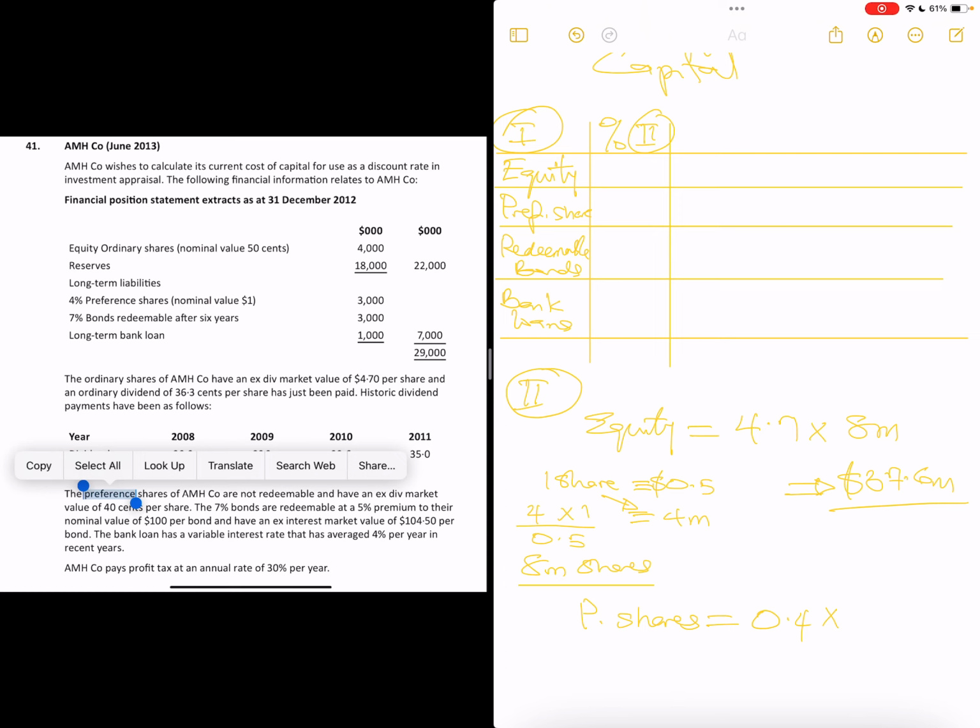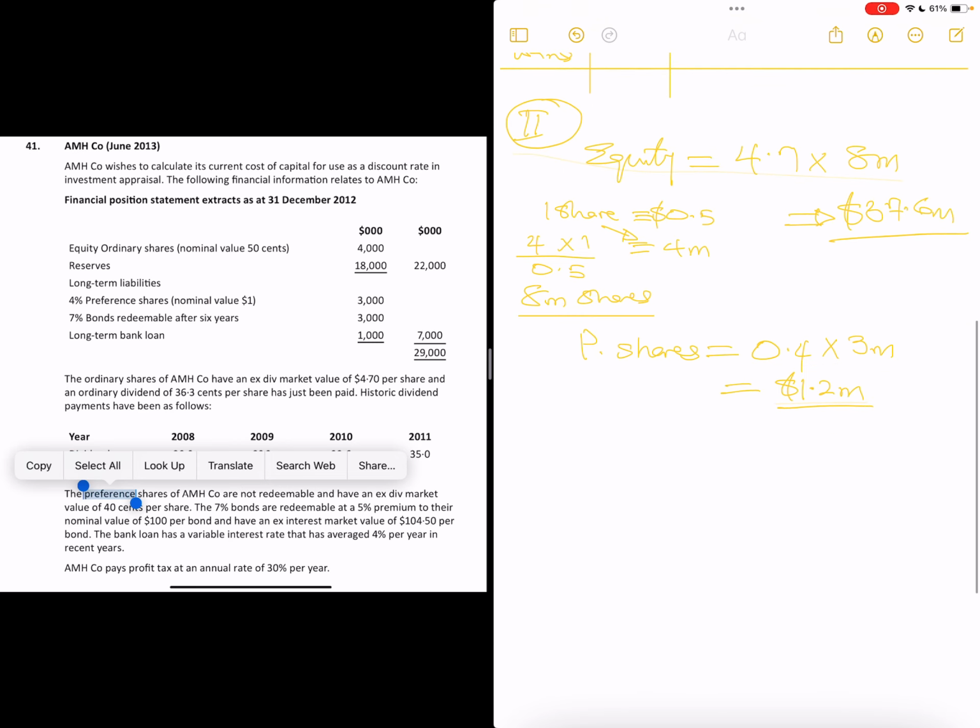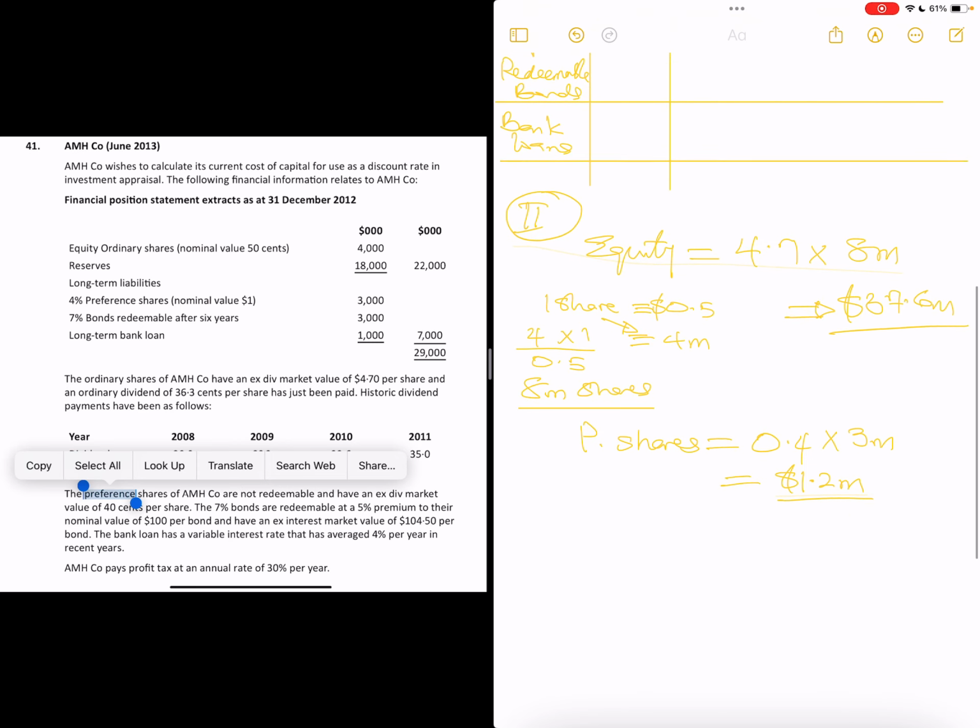So that means there are 3 million shares, because if one share is $1 and the total value is 3 million, that's pretty straightforward. So that is 0.4 times 3 million, and that will give us 1.2 million. That's preference shares. The third one is redeemable bonds.